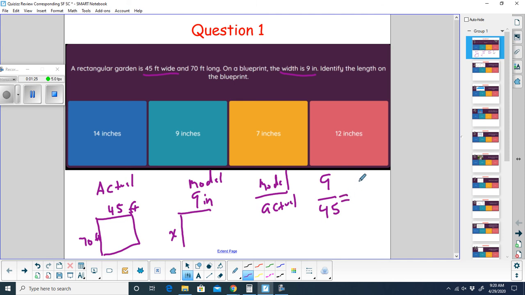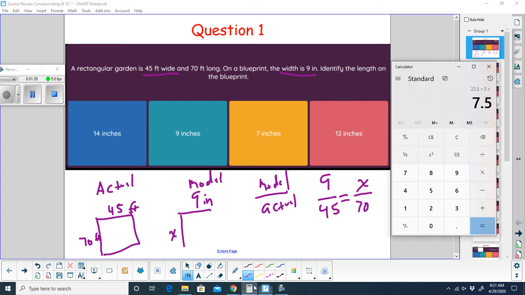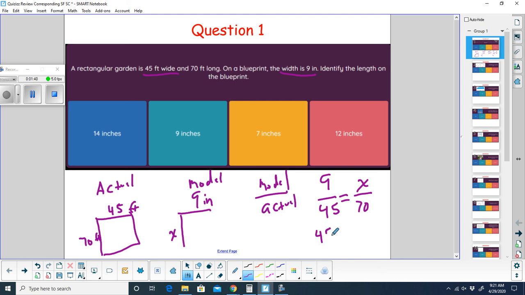So how many in the model? X goes with 70 in the actual, right? So a way to do this, and I'll use my handy dandy calculator, 45 times x is 45x equals 9 times 70. That's 63 with a 0 at the end of it.